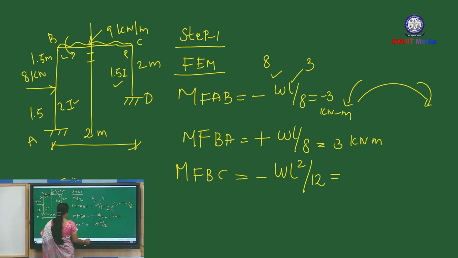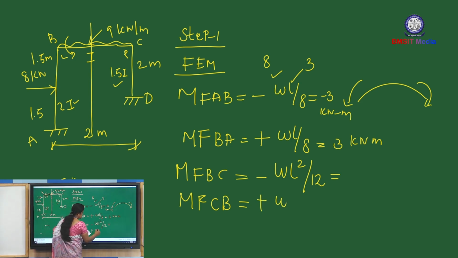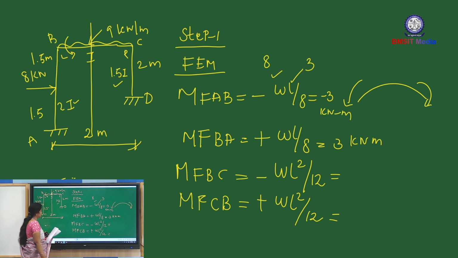Now coming to MFCB, fixed end moment at C of the member CB. Right side, same formula but plus sign, WL squared by 12. Here the magnitude of the UDL load acting over the span BC is 9 kilonewton per meter.